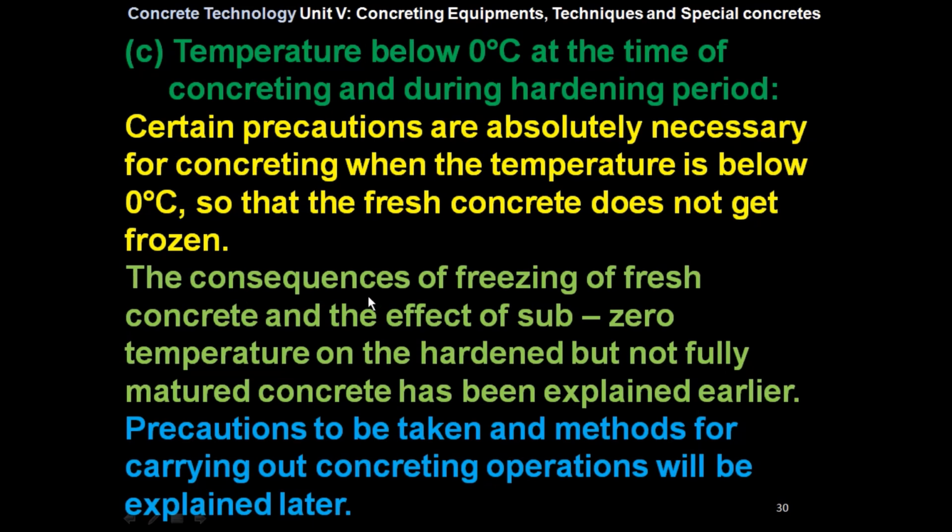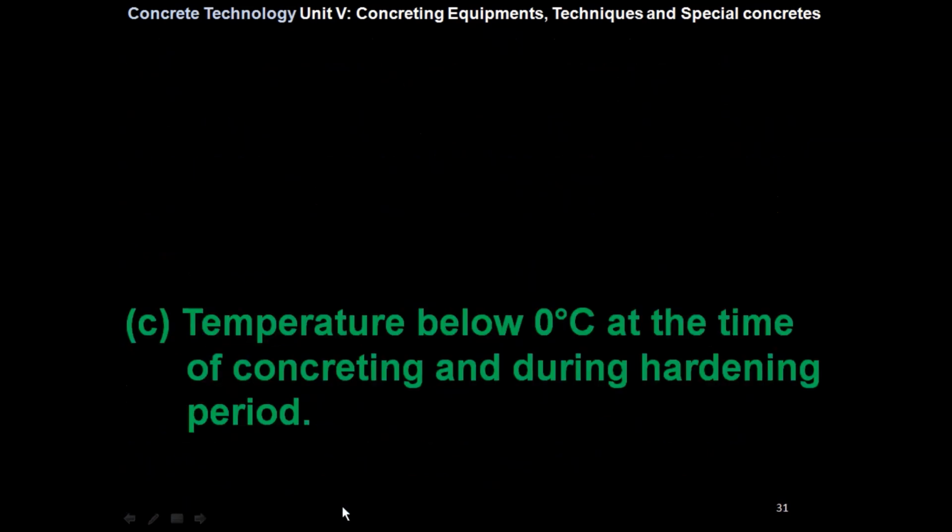The consequences of freezing of fresh concrete and the effect of sub-zero temperature on hardening but not fully matured concrete have been explained earlier. Precautions to be taken and methods for carrying out concreting operations will be explained later.